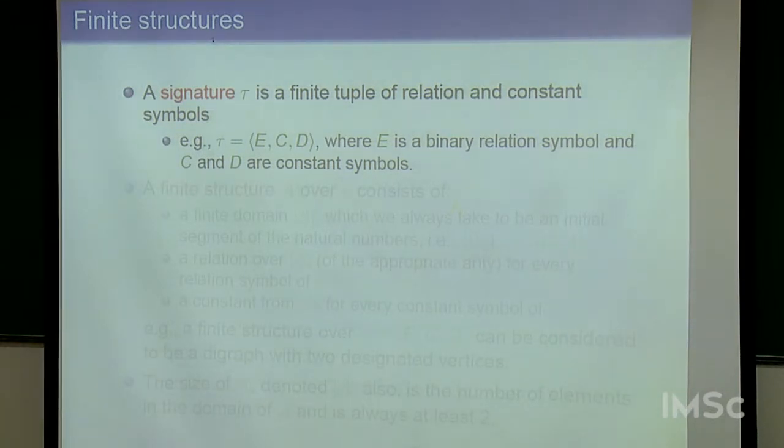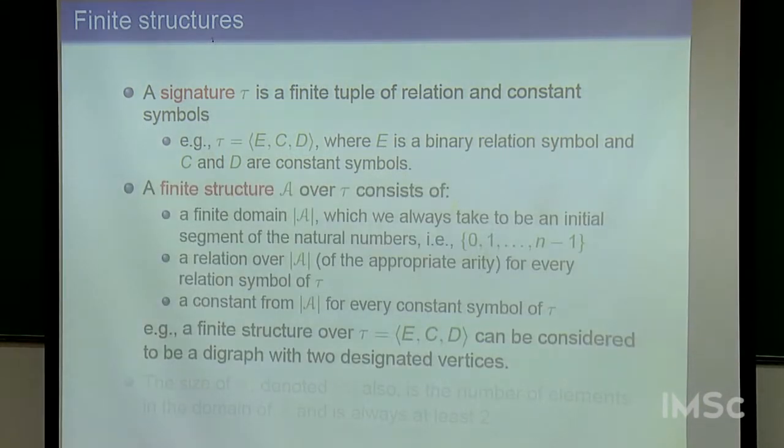First of all, we need the notion of a problem. A signature is going to be a finite tuple of relation and constant symbols. This signature tells me what I'm talking about. For example, it might be this signature, where E is a binary relation symbol and C and D are constant symbols. A finite structure over a signature consists of a finite domain, which I always take to be an initial segment of the natural numbers.